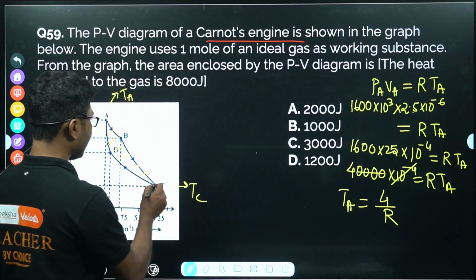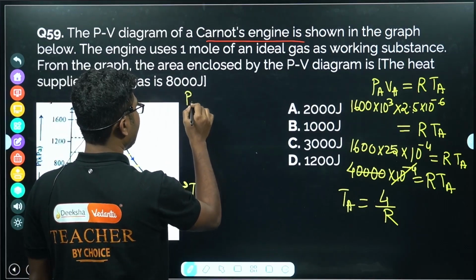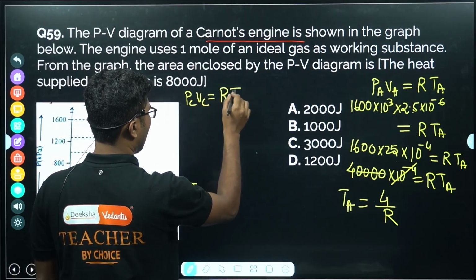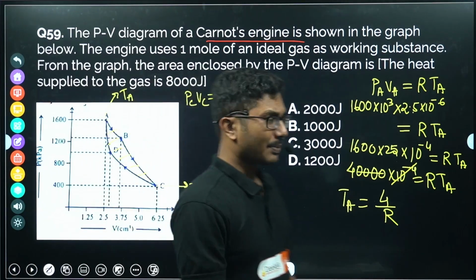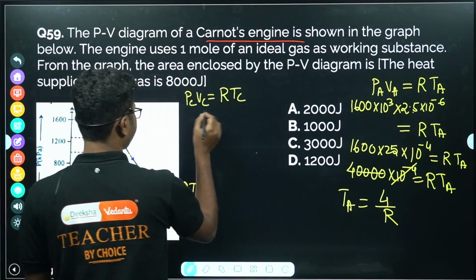Now, let me find the TC. Same concept we will apply. PC VC equals RTC. So we will apply the same concept to find the temperature TC.